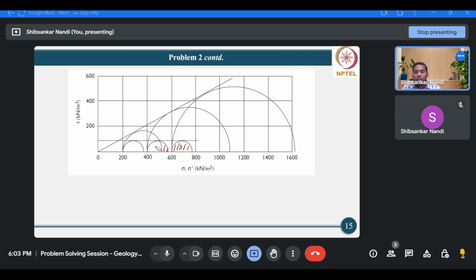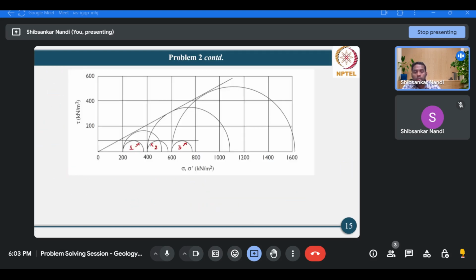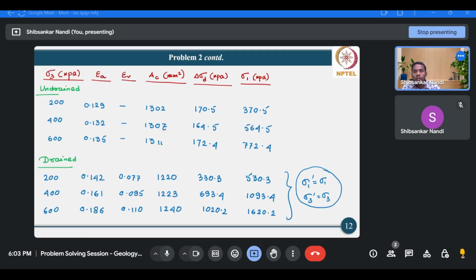These three Mohr circles are drawn by considering the undrained test data.